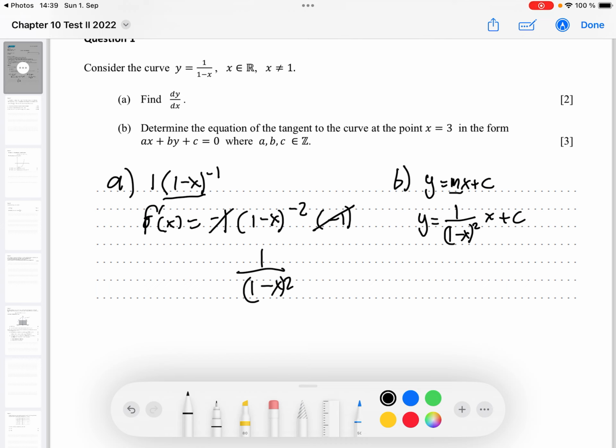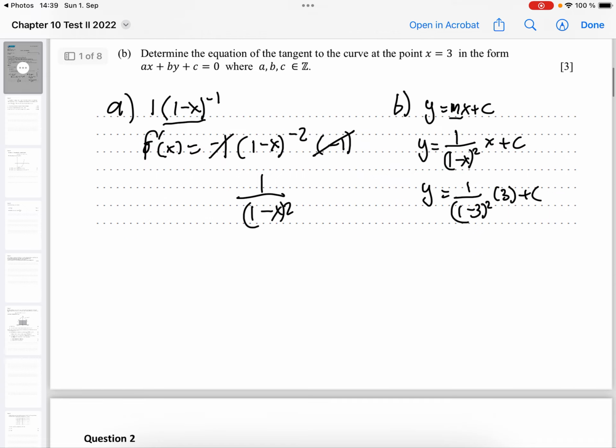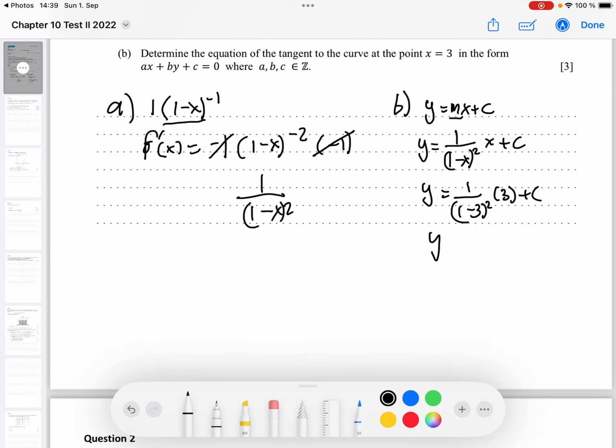We know that x is equal to 3, so we can write this as y equals 1 over (1 minus 3) squared times 3 plus c. Simplifying this further would result in y equals 1 over 4 times 3 plus c. So y equals 3 over 4 plus c.